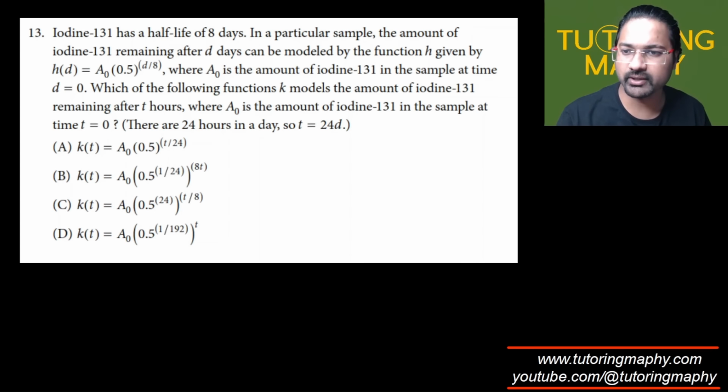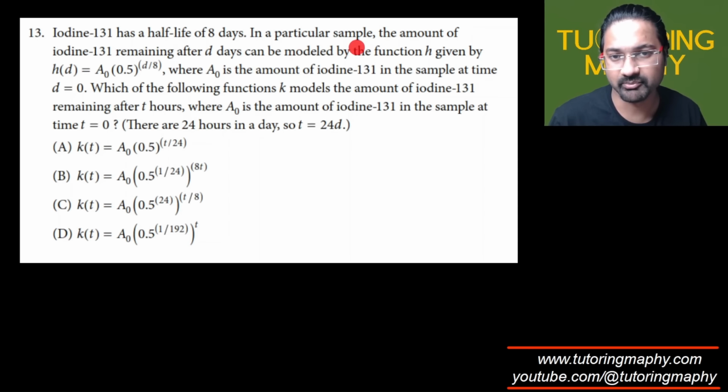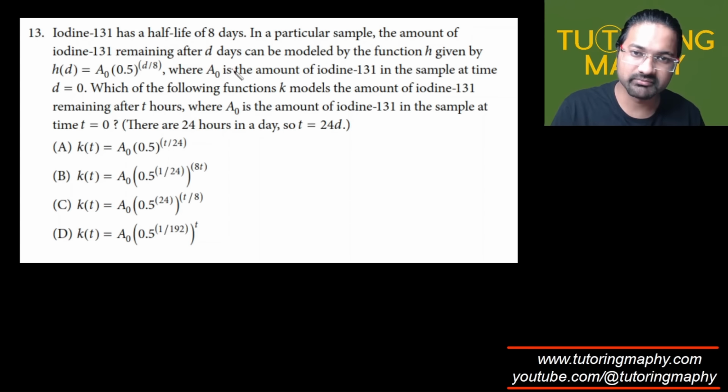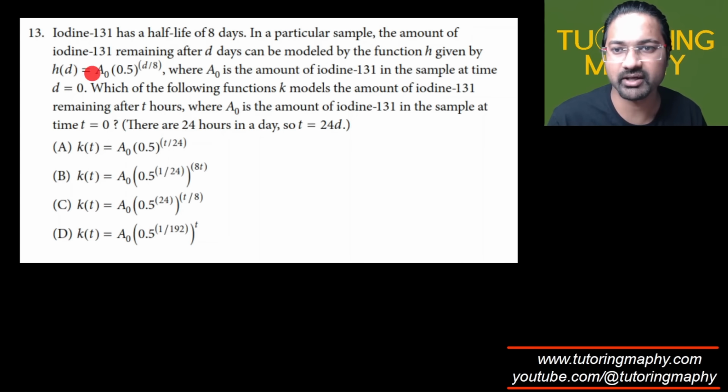Let's talk about this one. Iodine 131 has a half-life of 8 days in a particular sample. The amount of iodine 131 remaining after d days can be modeled by the function H given by this. So this is the amount of iodine which is left, where A naught is the amount of iodine in the sample at t equal to 0, the amount they started with.